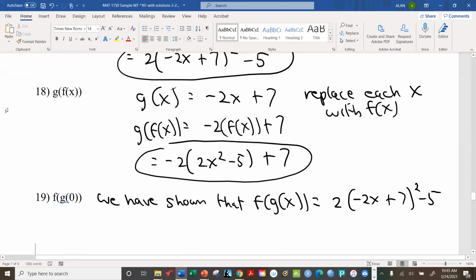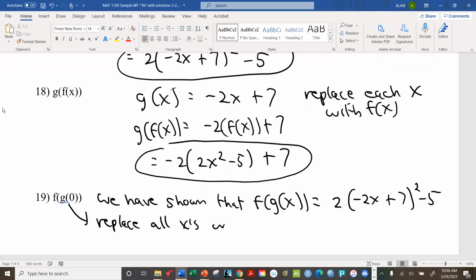So therefore, for f of g of 0, replace all x's with zeros.